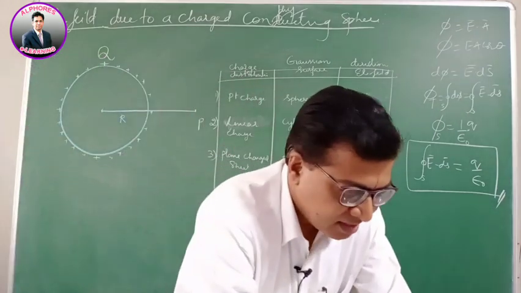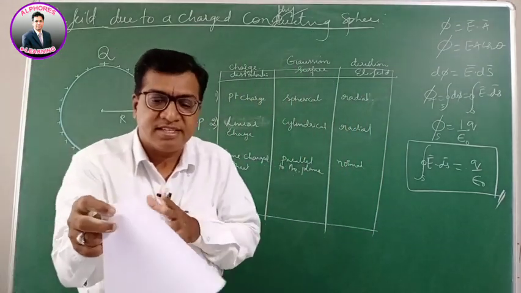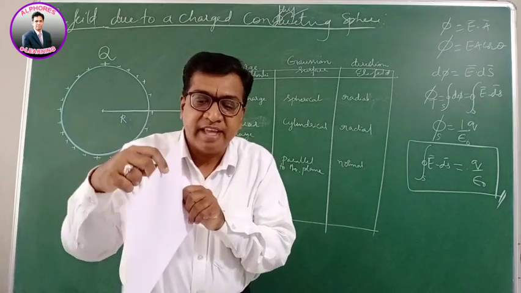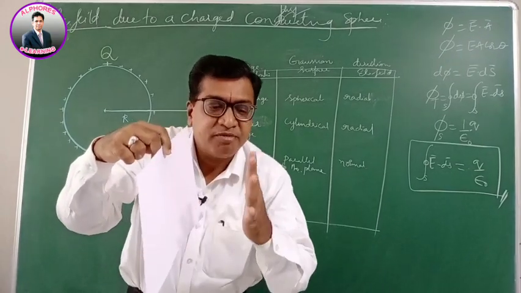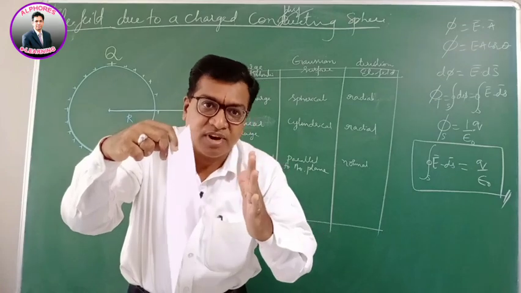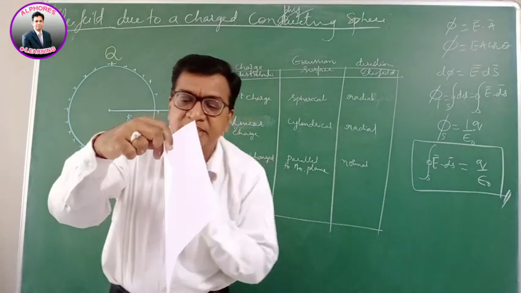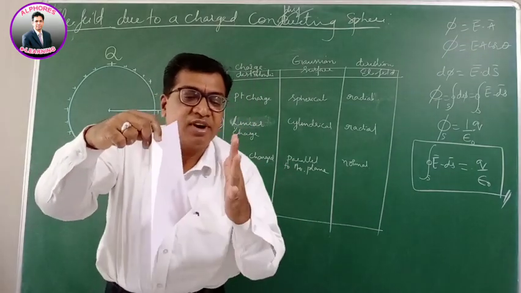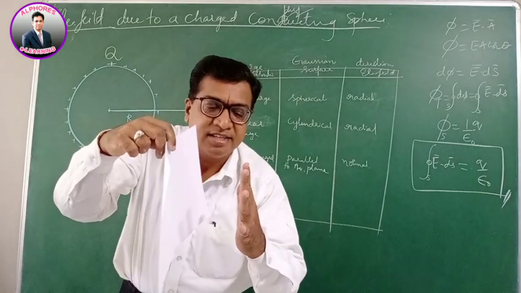Suppose I consider a plane sheet like this. Then parallel to this sheet you have to imagine an enclosed Gaussian surface in front, and it will be symmetrically behind also.